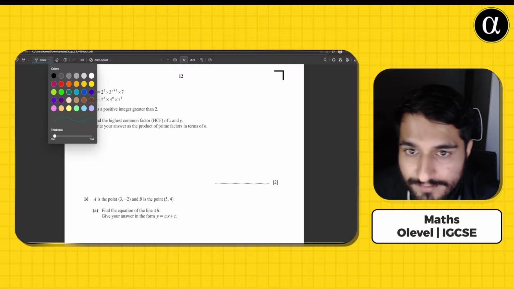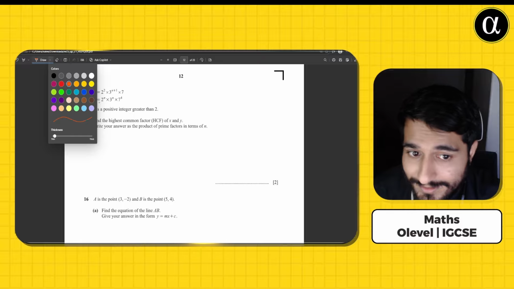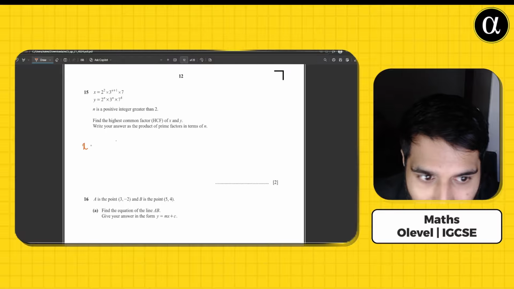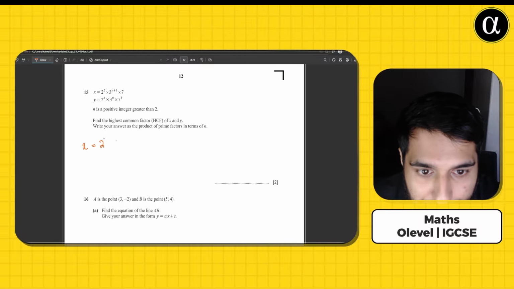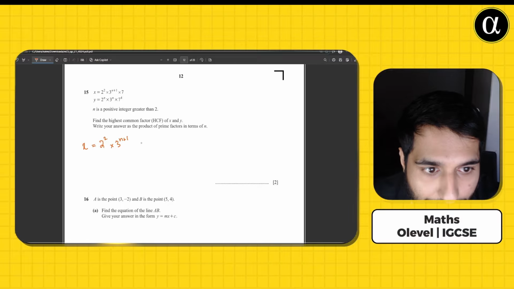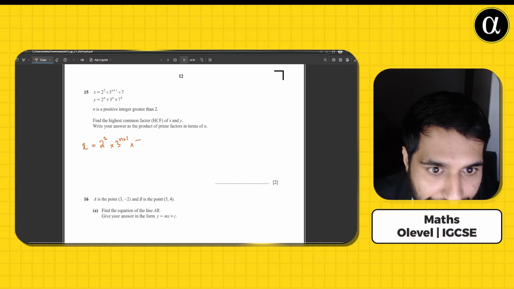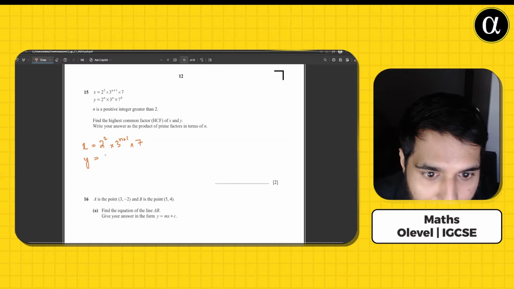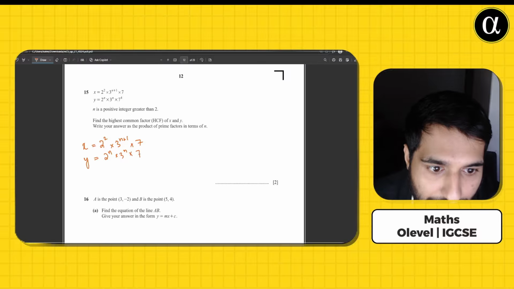Now, what is HCF? It's the highest common factor, but the trickiest thing is, let's see, x is 2 square into 3 power n plus 1 into 7, and y is 2 power n into 3 power n into 7 power 4.